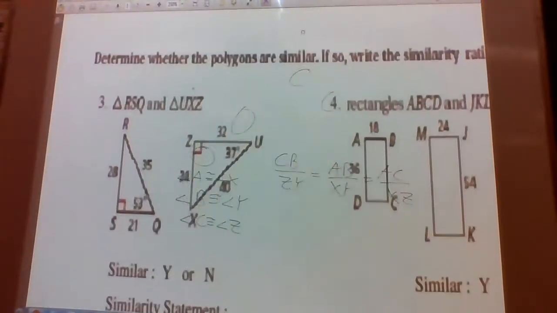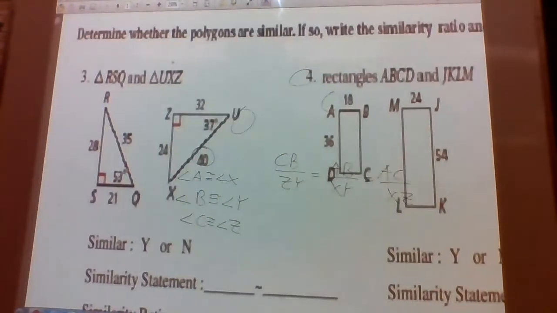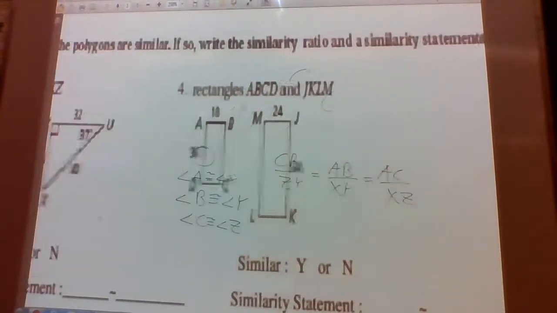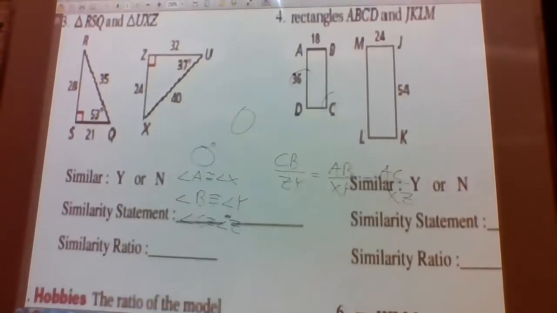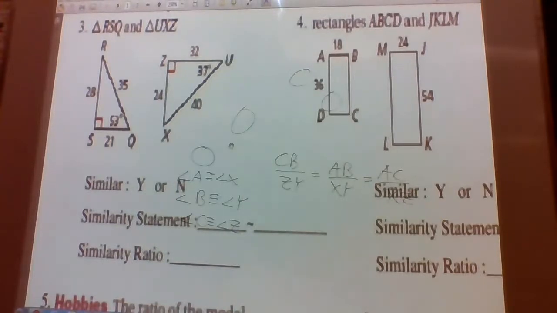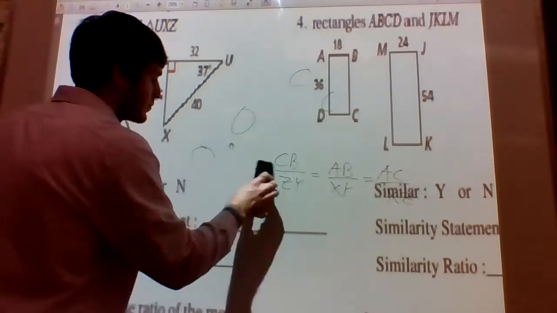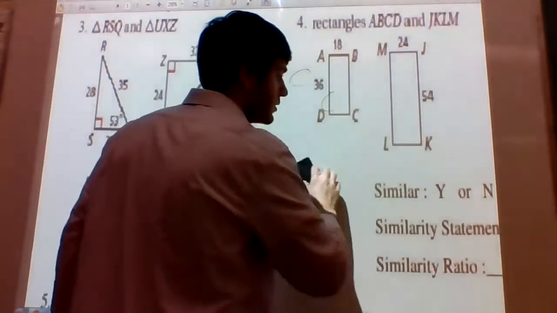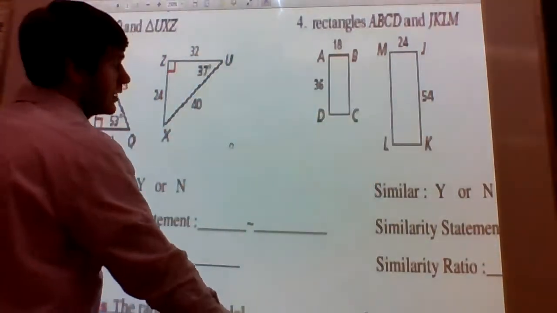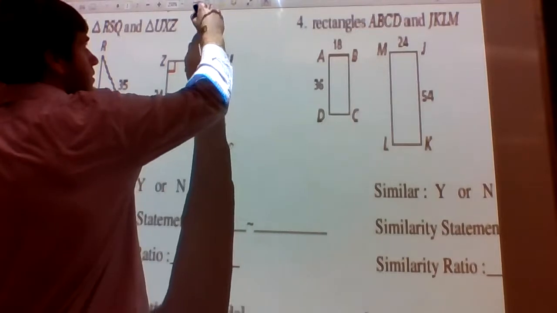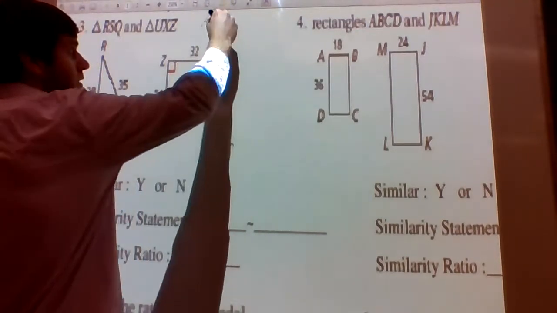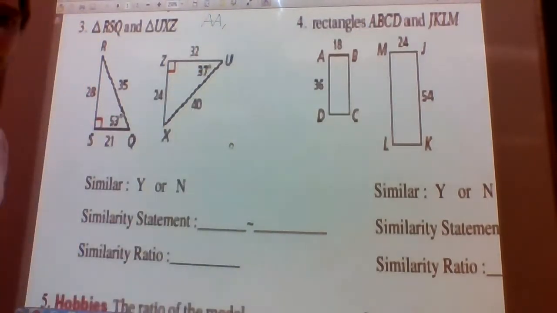Number 3. Directions are saying determine whether or not the polygons are similar. If so, write the similarity ratio and a similarity statement. So number 3, are these triangles similar? There's 3 ways we can show that triangles are similar. There's angle-angle similarity, which says that if we have 2 pairs of congruent angles, then the triangles are similar.